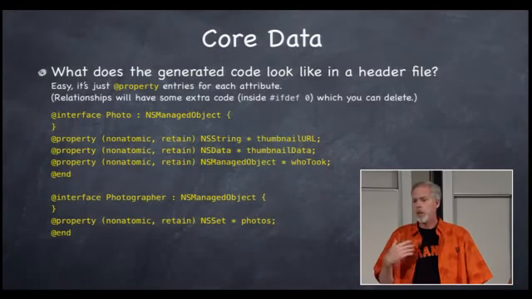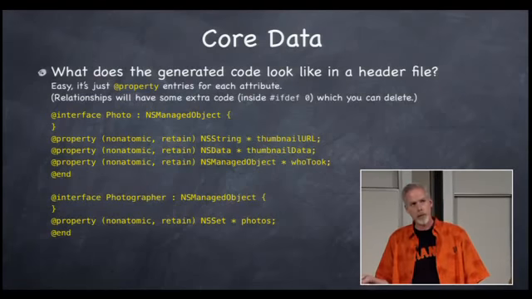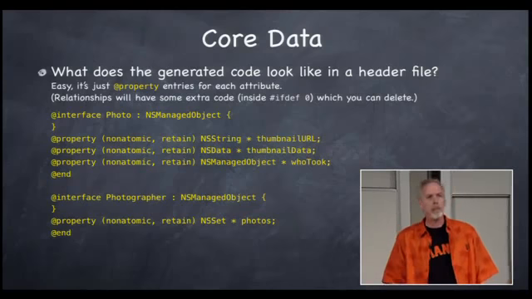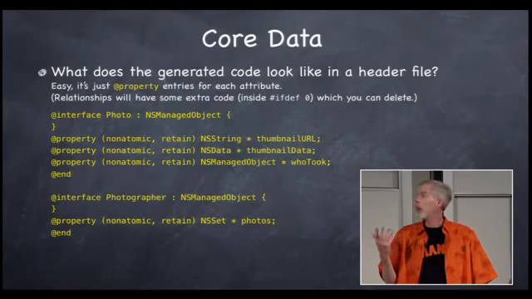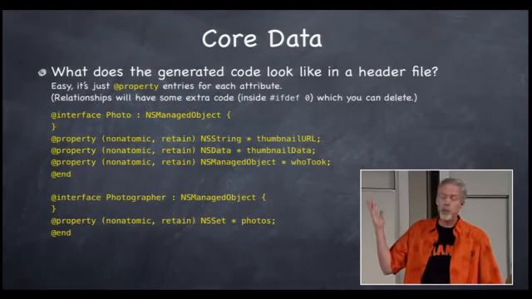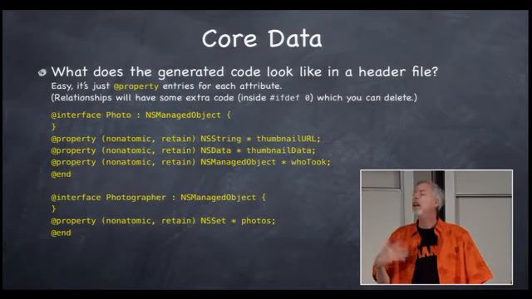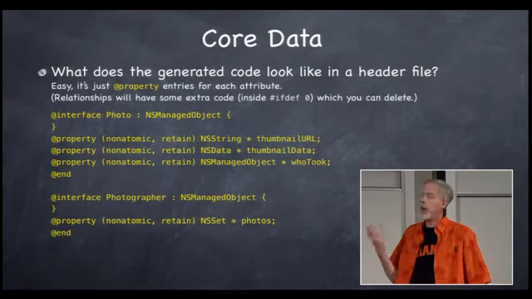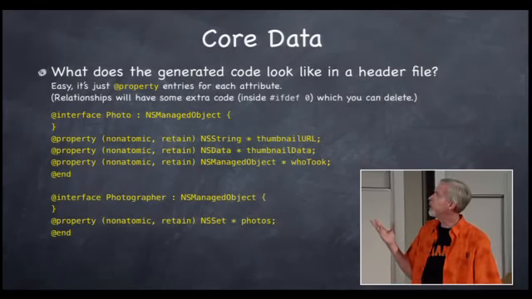So if you called NSSet, give me the list of photos, and now I want to add an object to that set, I'd have to do a mutableCopy of it first, add it, and then set that property back. Do you see why? So it also will create some nice methods, addPhotoToPhotos, that will do all that for you. It'll stick it in there, do all the mutability, etc. So you can do it with one line of code. You can add a photo to your list of photos. That's basically what's on the header side.